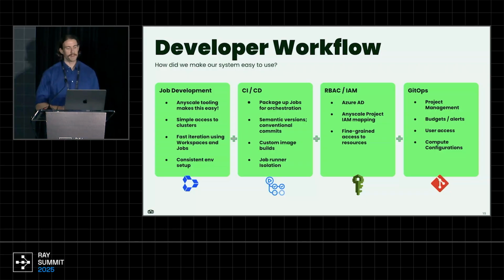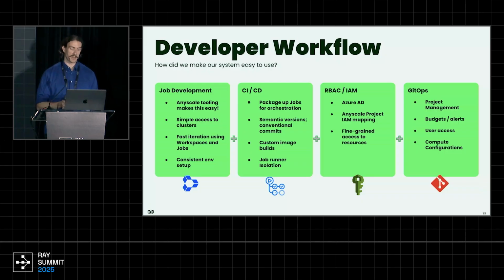So to talk in a bit more depth about our developer workflow, and how we made this system easy to use. For job development, Anyscale tooling really makes this quite simple. You get simple access to the head nodes of clusters, which easily allows our users to quickly iterate on their workspaces, jobs, and services. We set up CI/CD pipelines to package up our jobs for orchestration.